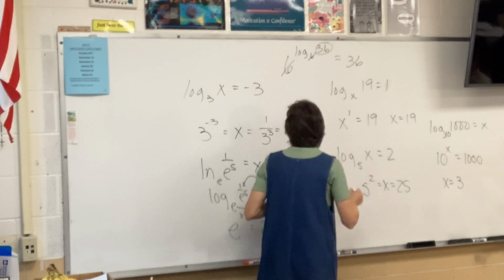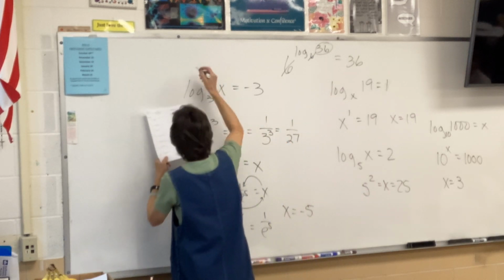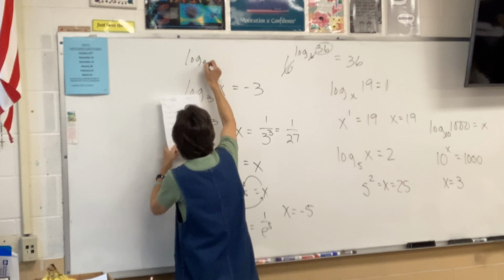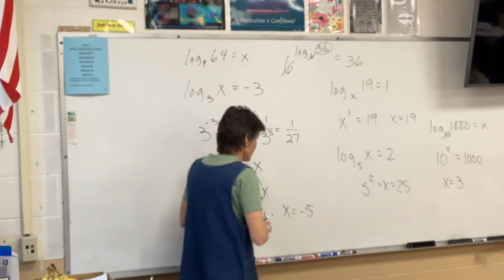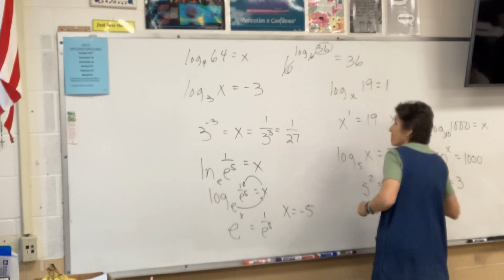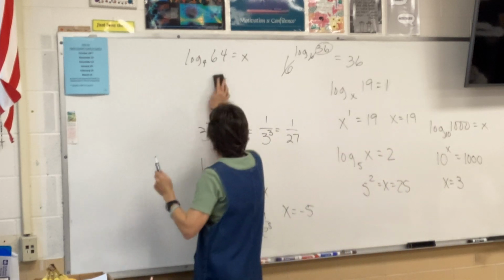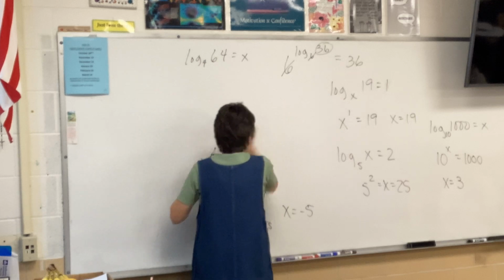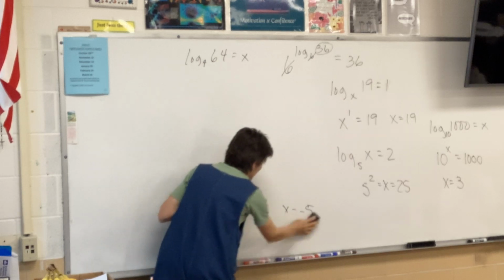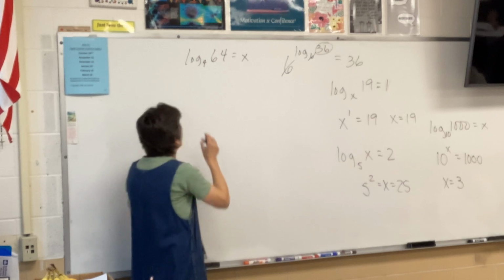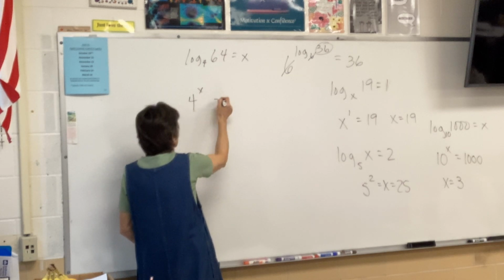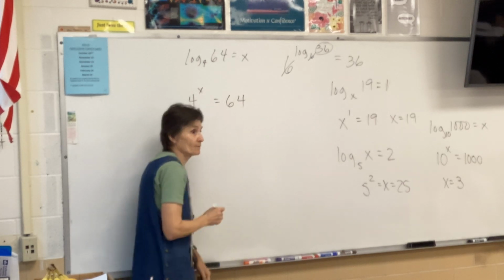And last one, G, the last one on this side. All right, what are you going to do? How are you going to start it? You should be writing something on your paper. What are you writing? 4 to the x equals 64.